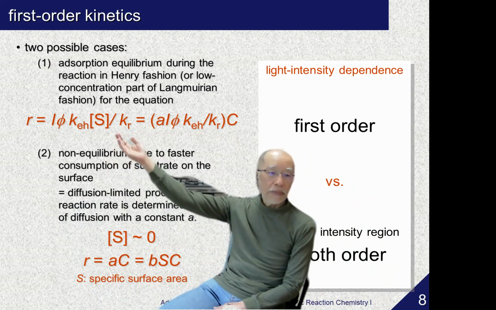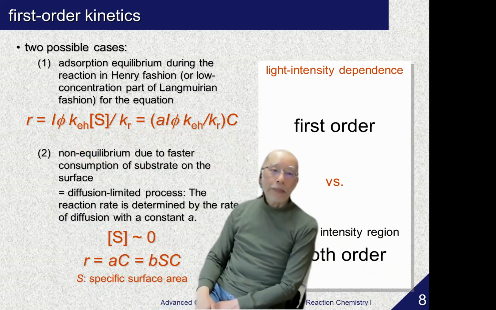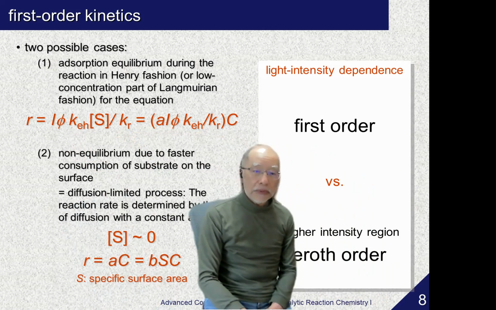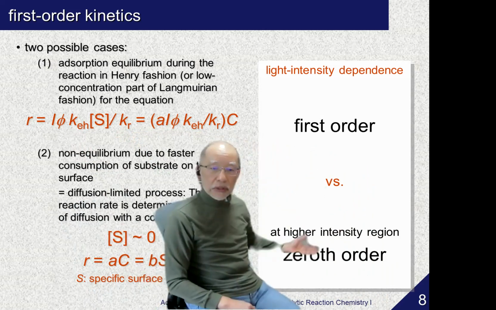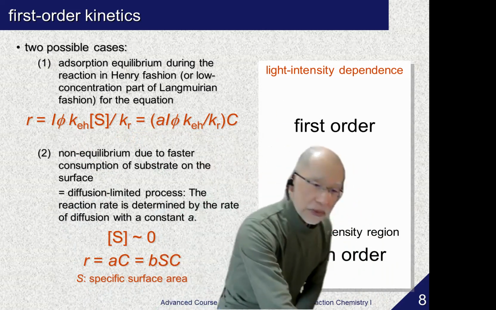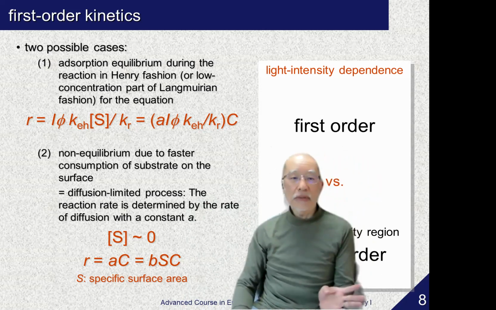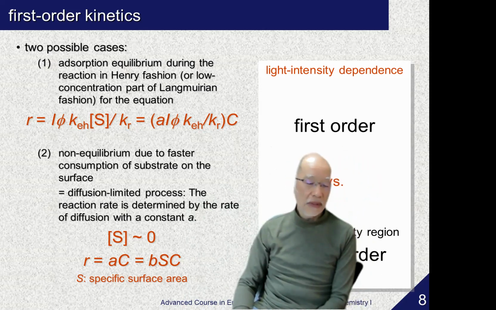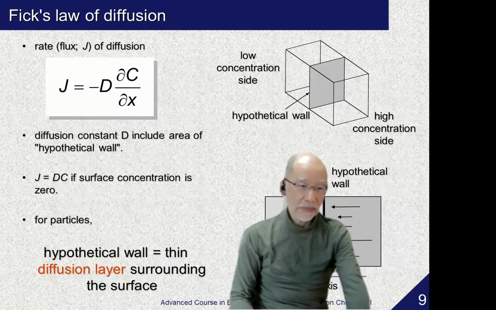But for the surface adsorption type case, the reaction rate is proportional to light intensity. So therefore, it is possible to distinguish which is the reason for that. So again, this is just the result obeying the assumption.